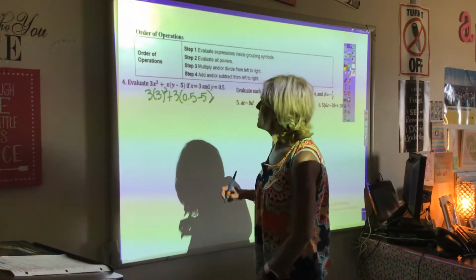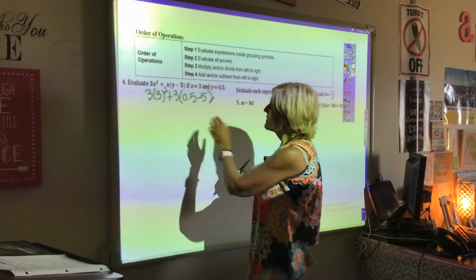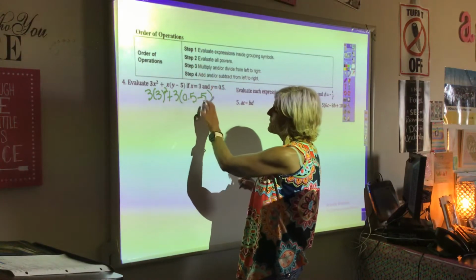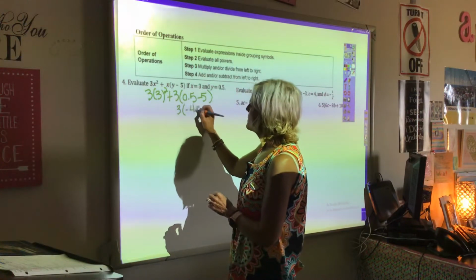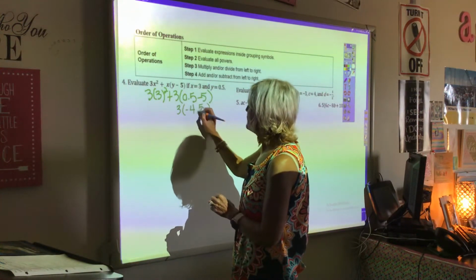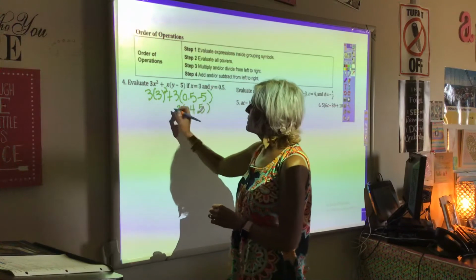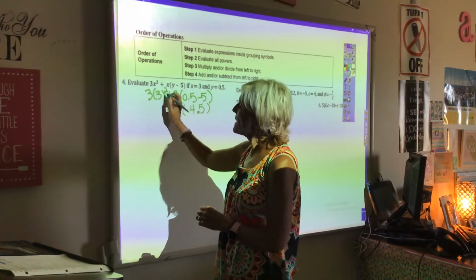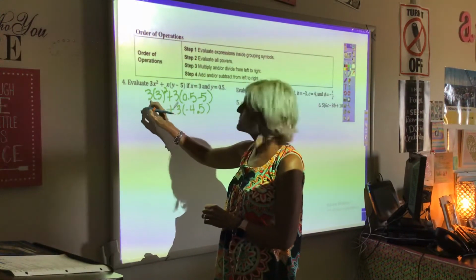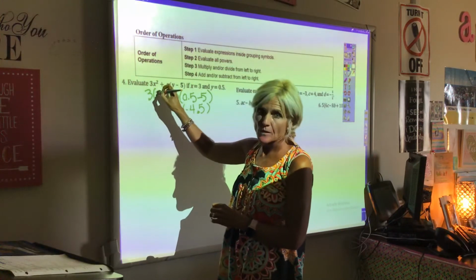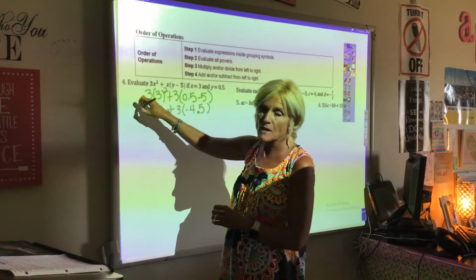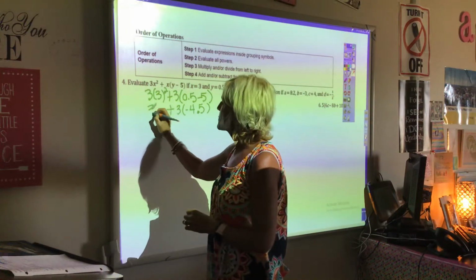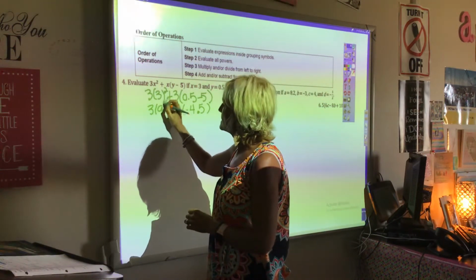So we can do the parentheses. 0.5 minus 5 is negative 4.5. And if we wanted to go over here and simplify the exponent, we don't do 3 times 3 squared. We do 3 squared first, the exponent, then multiply by 3. So we would have 3 times 9.